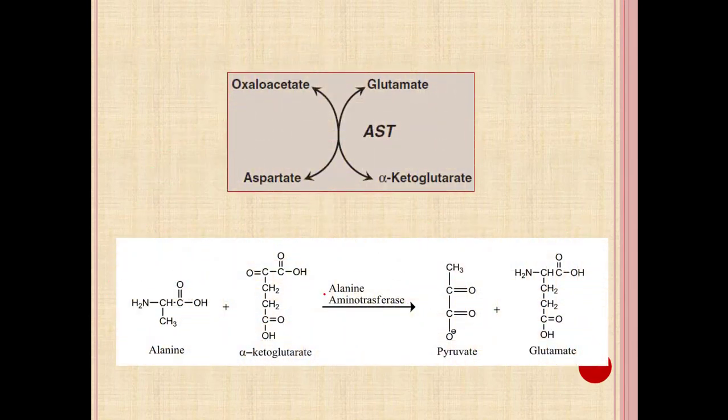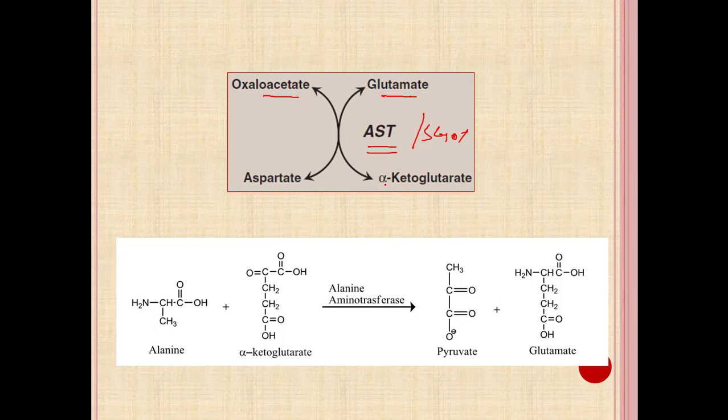Okay. Its basic reaction is catalyzed by the AST, also known as SGOT. It is a reversible reaction. Remember, one keto acid, oxaloacetic acid, along with one amino acid, glutamate, with the help of the enzyme AST, is converted into one amino acid, aspartate, and one keto acid, alpha ketoglutarate.